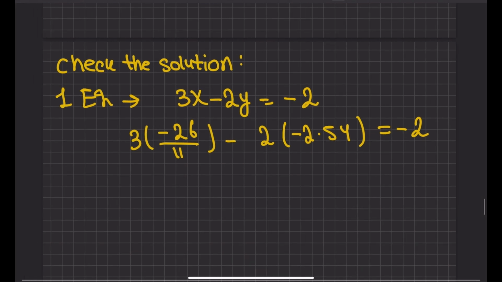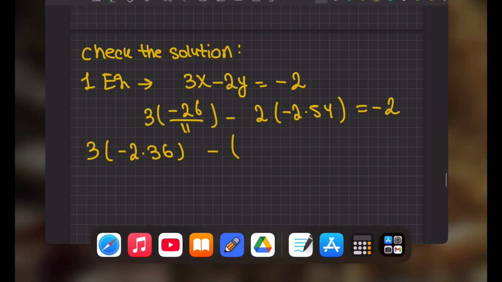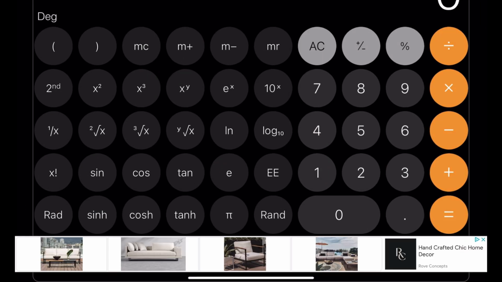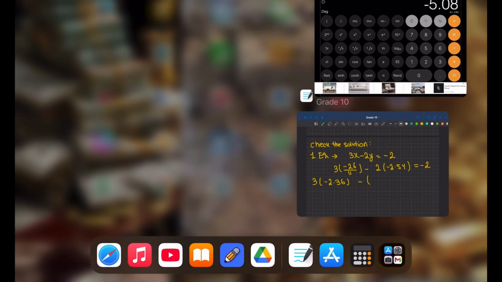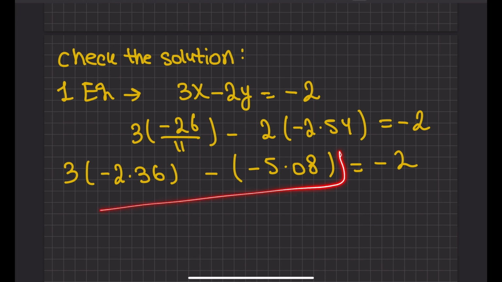So it's going to be 3 times minus 2.36 minus 2 times -2.54, which is minus 5.08, equals -2. So we are solving for the left side and want to see if it equals -2.